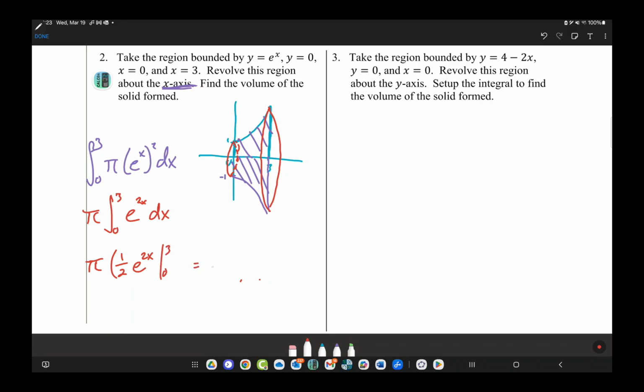So this is going to give me pi times, well, I'm going to bring out the 1/2 too. Pi over 2 times e to the 6th minus e to the 0, which is pi over 2 times e to the 6th minus 1. And there you go. There's your volume.